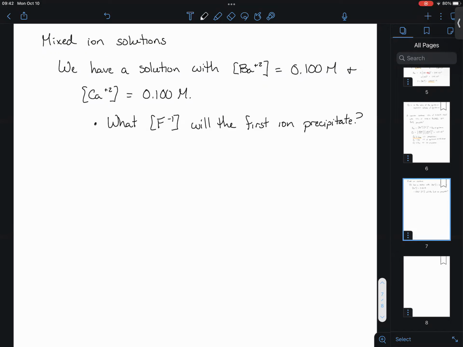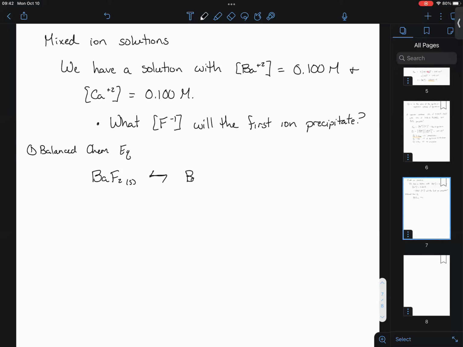Okay, so let's get our balanced chemical equations. Barium fluoride, the same one we've had, gives us barium ions plus 2 fluoride ions.